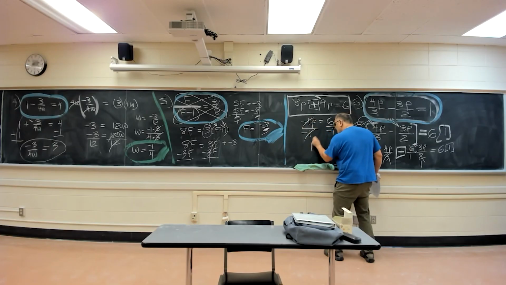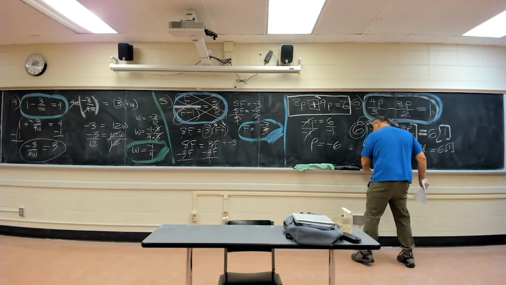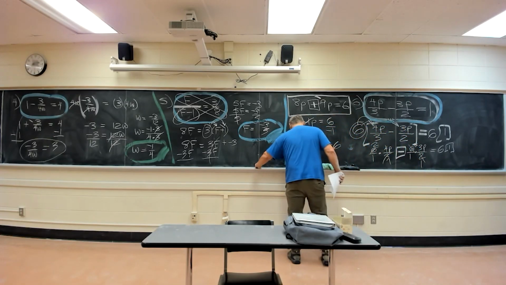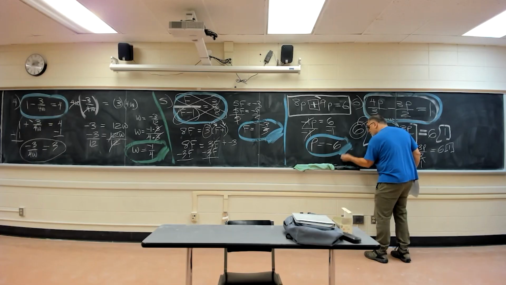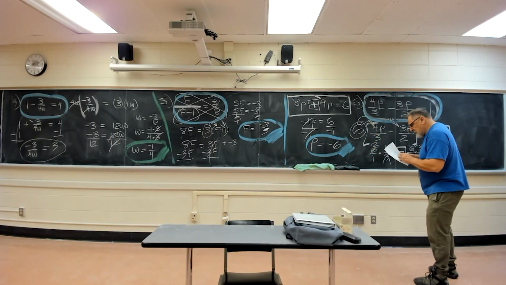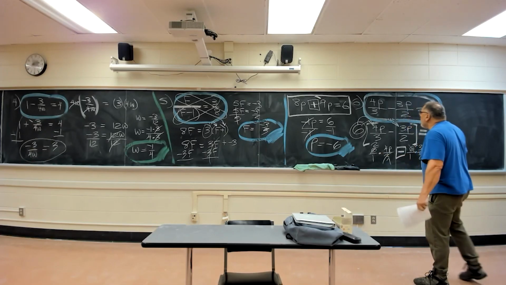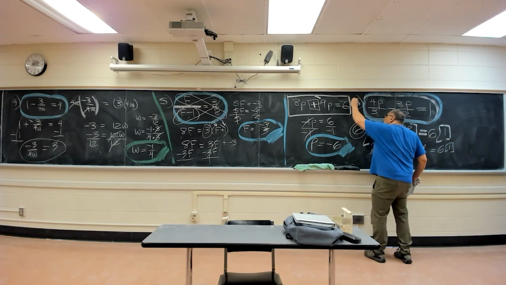We divide by the exact same number on each side. P equals negative 6. And there's your answer. That's all the way through problem 6.